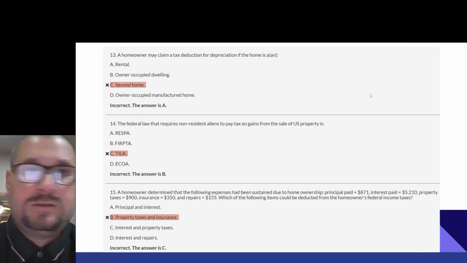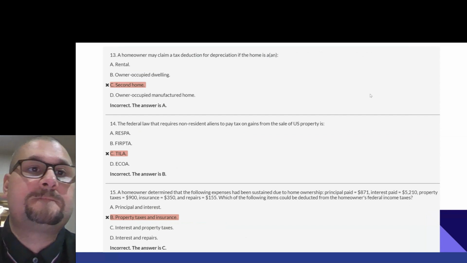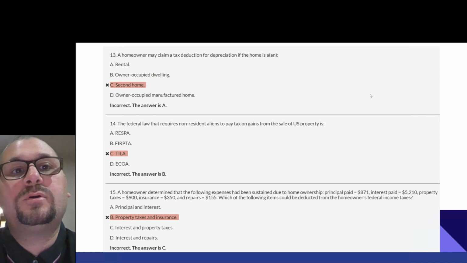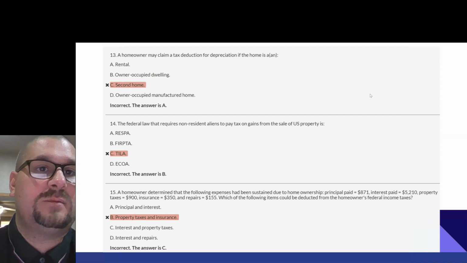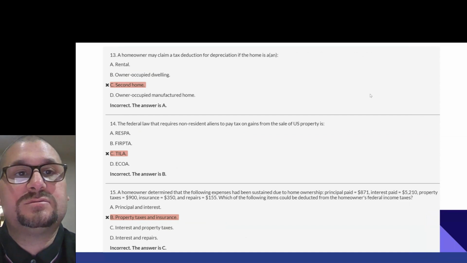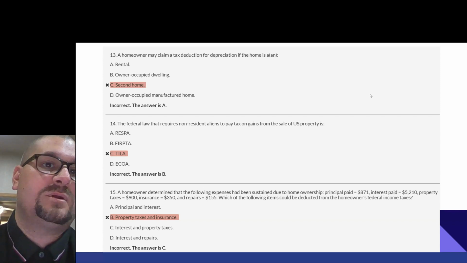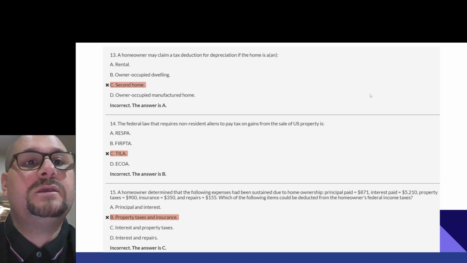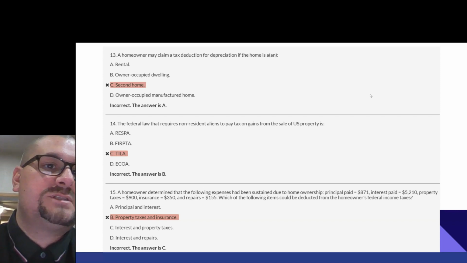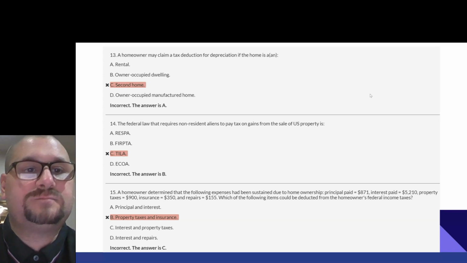Like me, I'm a homeowner and I may claim a tax deduction for depreciation if the home is a rental. So again, my home is a rental, and I've been able to claim it as a tax deduction. B, owner occupied dwelling, no. Second home, no. Owner occupied manufactured home, no.